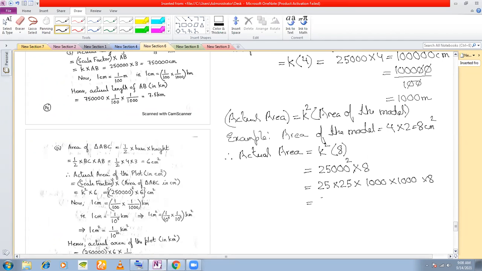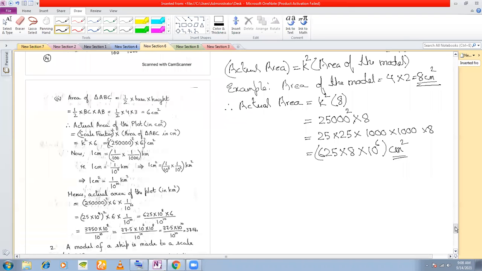So this comes to 625 into 8 into 10 to the power of 6. You have got area in centimeter square because the area of the model was given to you in terms of centimeter square, so the actual area you are also getting in terms of centimeter square.